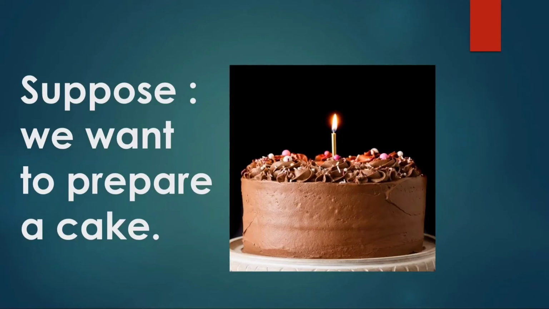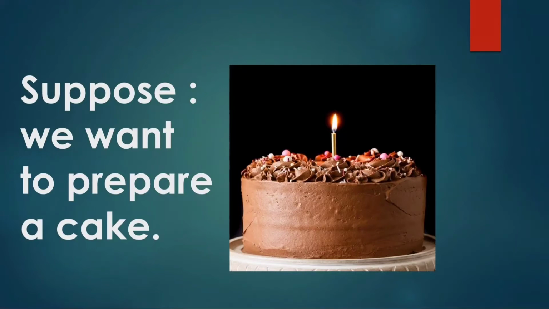Now we start analysis. How will we prepare a cake, what things do we need, what is the process to prepare a cake? These are the questions that come to your mind gradually, one by one. And at the last, when you get the answer to all of these questions, you are going to have a delicious cake. Let's start.